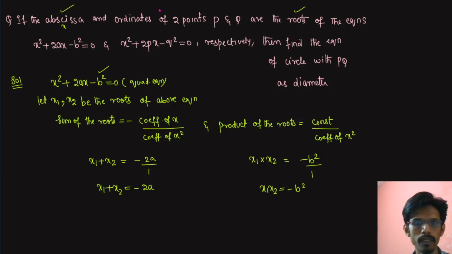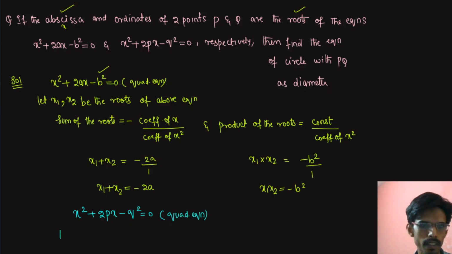Now we have another quadratic equation given, that is x square plus 2px minus q square equal to 0. This is also a quadratic equation having two roots. Let the two roots of this equation be y1 comma y2, because the roots of this equation are ordinates. In the question he mentioned ordinates. Ordinates means y value.